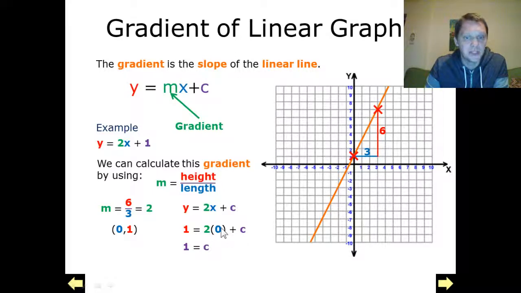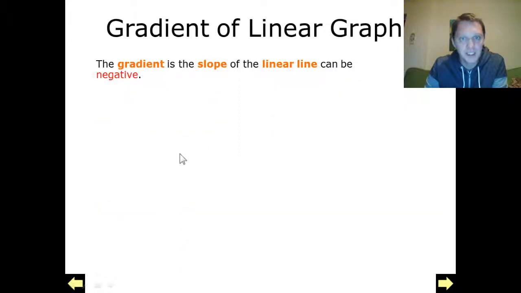So 2 times 0 is 0, so I'm left with c equals 1. So my end result would be y equals 2x plus 1.